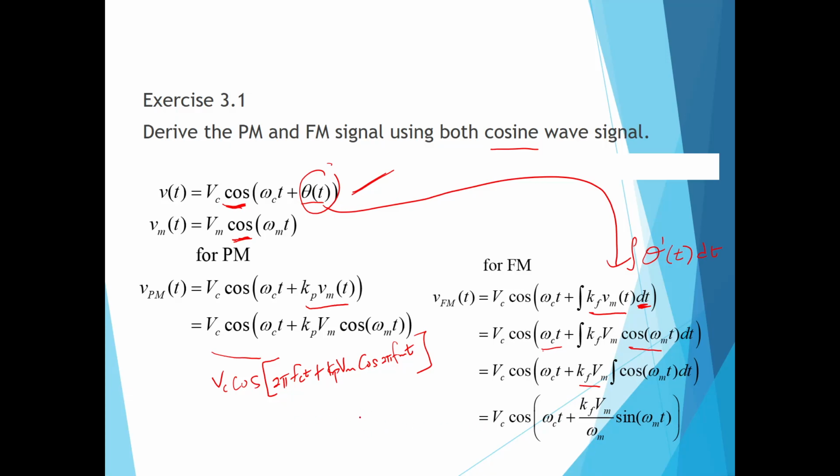So this is equal to vc cos, bracket, 2 pi fct plus kf vm over 2 pi fm sine 2 pi fm t, close big bracket. I just changed omega m to 2 pi f.